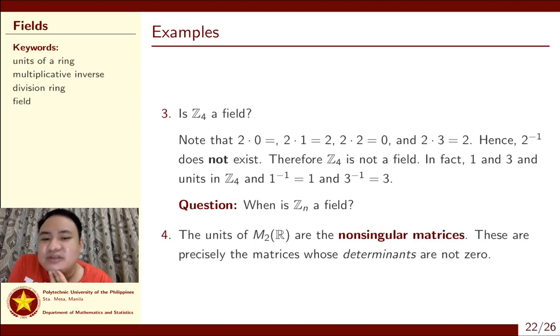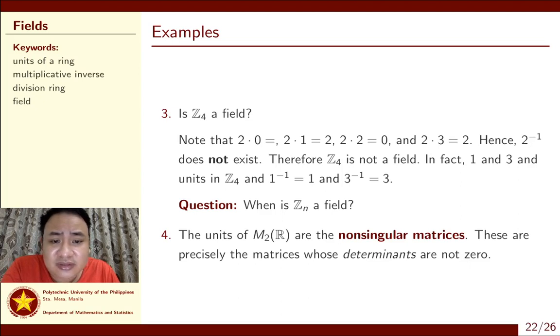This is a linear algebra stuff. So, ano yung mga units ng mga 2x2 real matrices? Ang tawag natin sa kanila sa linear algebra ay mga non-singular matrices. In fact, na-identify natin sila. Alam natin na infinite yung mga yan, na marami sila. And we were able to formulate several equivalent conditions for being non-singular.